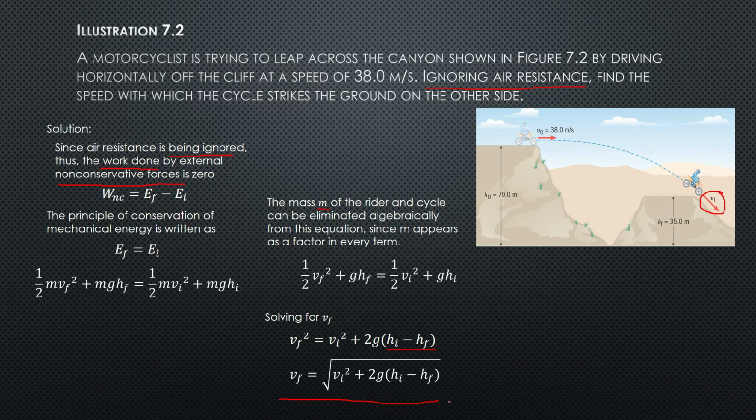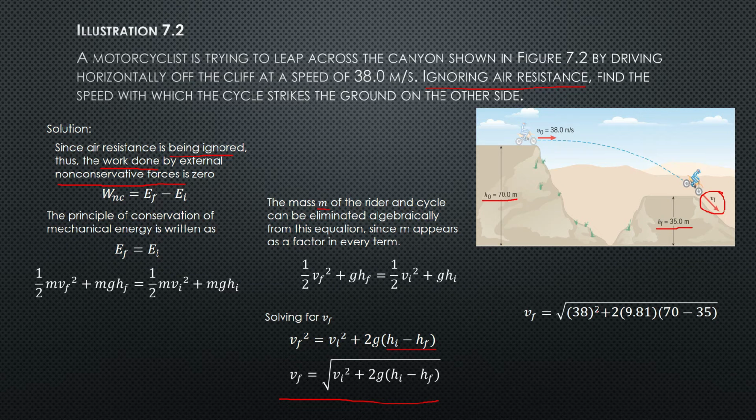Now substituting the values given: initial speed is 38, acceleration due to gravity is 9.81, initial height is 70, and the final height is 35.